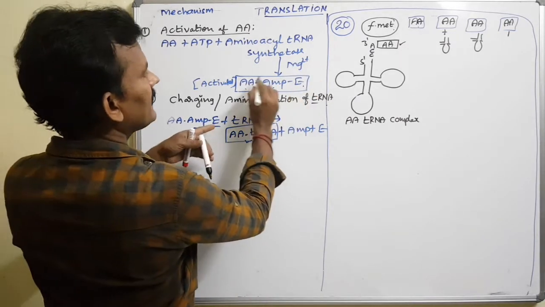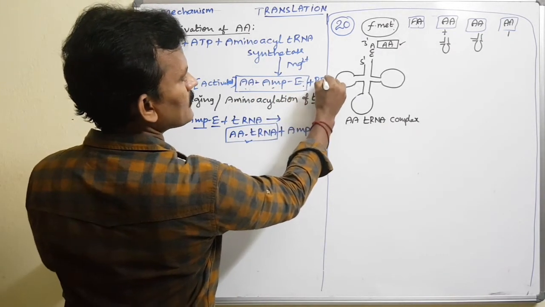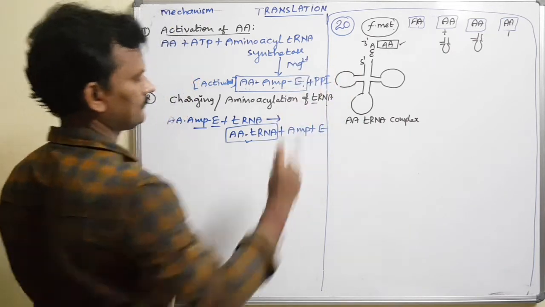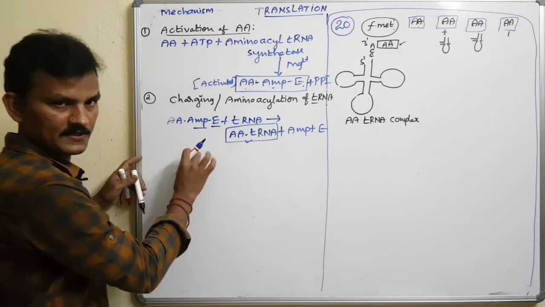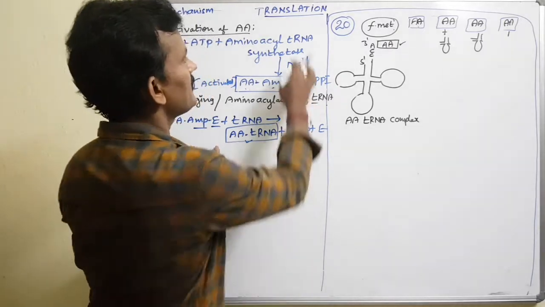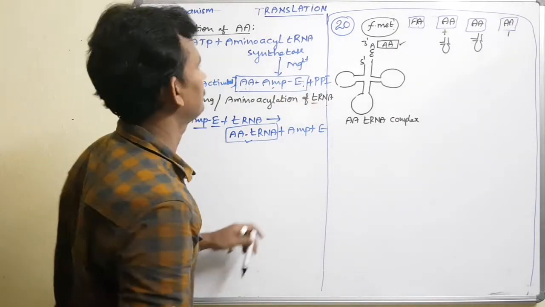Here we didn't write it, but pyrophosphate is also produced. Both of these two steps are prerequisites for the initiation of the translation process.